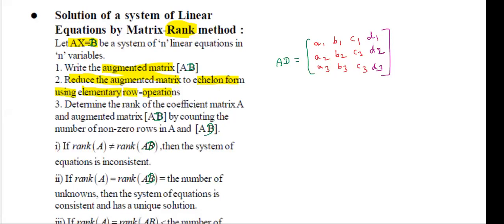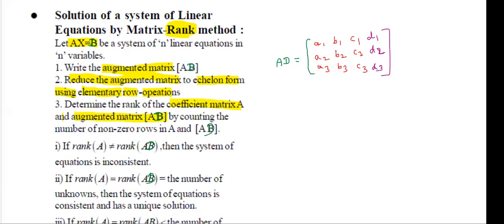But no matter how many times you use row operations, there is no change in rank. Okay. Now determine the rank of the coefficient matrix A and the augmented matrix AD. By observing these two ranks, we will decide whether the system has a solution or not.